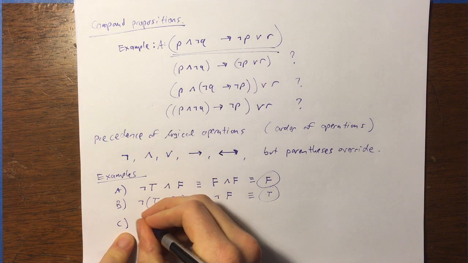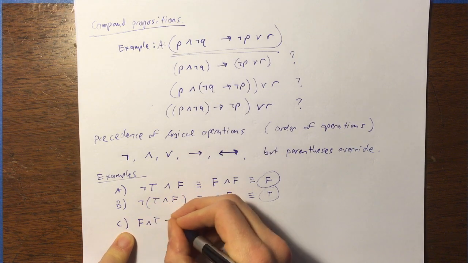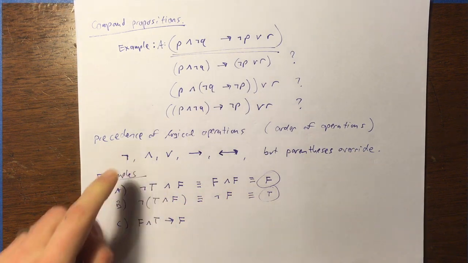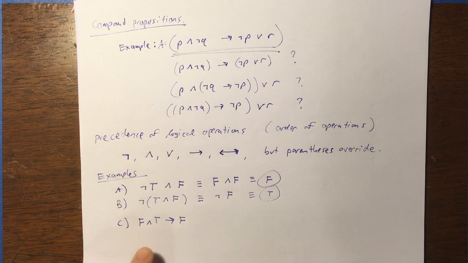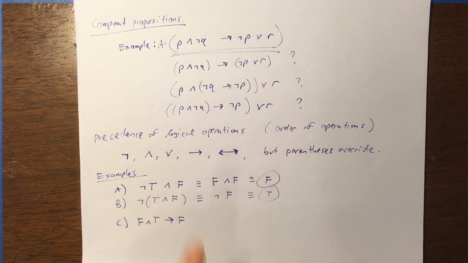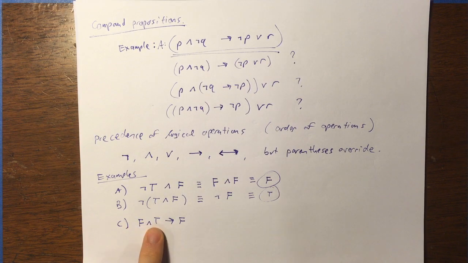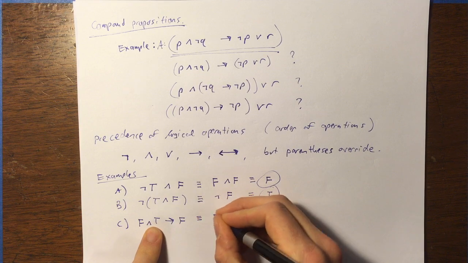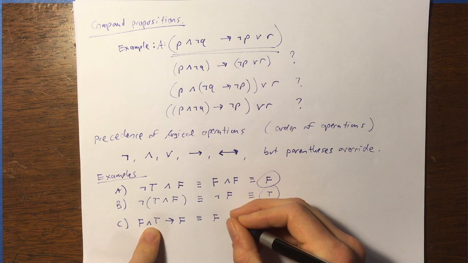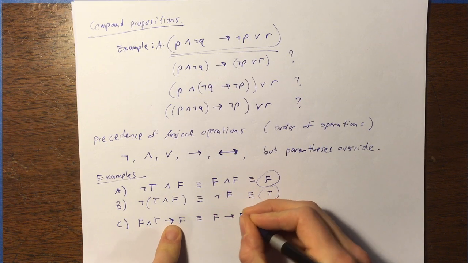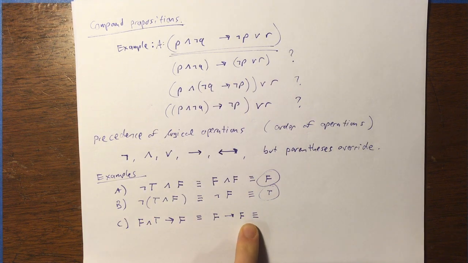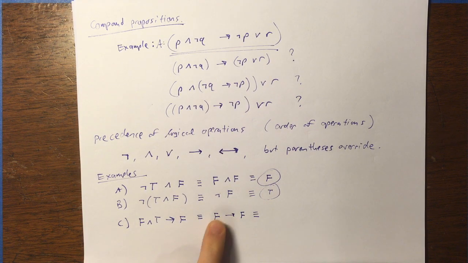For this one, let's look at false and true implies false. The and is going to take precedence over the implication, so we'll evaluate the and first, and then the implication. First we do false and true, which is false. Now this can be simplified to false implies false.